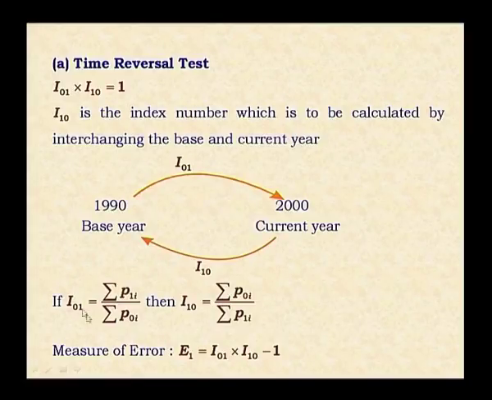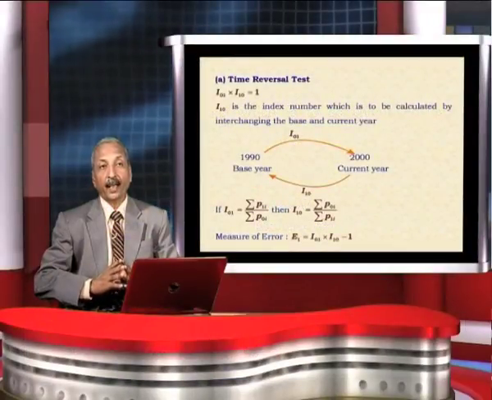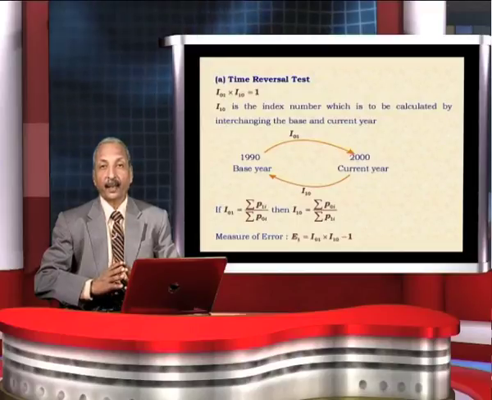So, if suppose I am using the simple aggregative index number, then we know that I01 is equal to sigma P1i divided by sigma P0i, and using the same formula the I10 will be sigma P0i divided by sigma P1i. So, that is the only difference, and we see that if we multiply I01 with I10, it gives 1, that is, the simple aggregative index number satisfies this criterion.